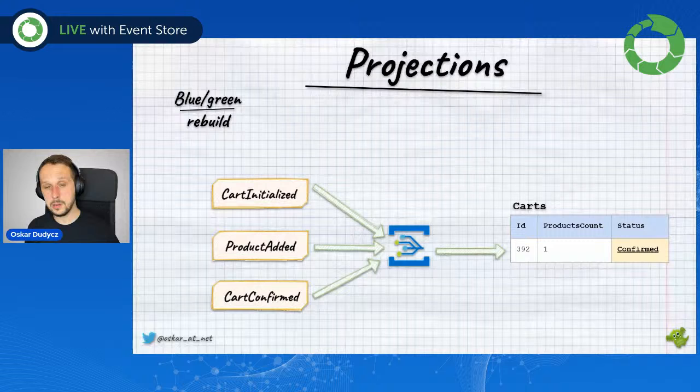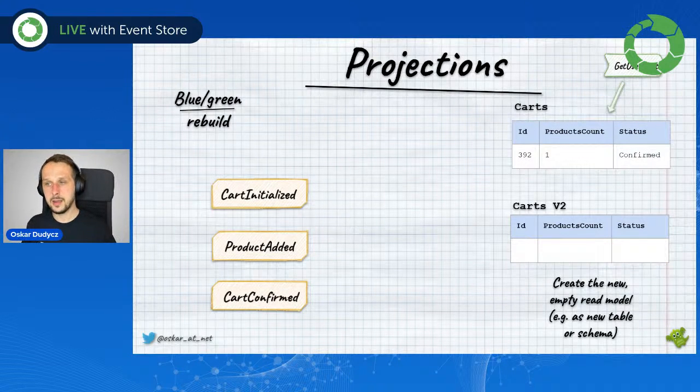A blue-green rebuild can be done in a way that we keep the potentially wrong read model, which might not be such a huge issue because, as I mentioned, on the write side we always use events to rebuild the state. Even if someone got wrong information, the write model logic, optimistic concurrency and other guarantees will keep strong consistency and prevent wrong updates.